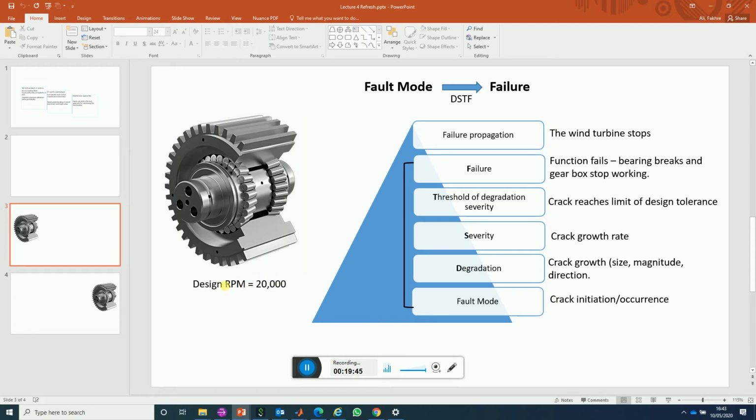So let's say the design speed of these bearings is 20,000 RPM, revolutions per minute.